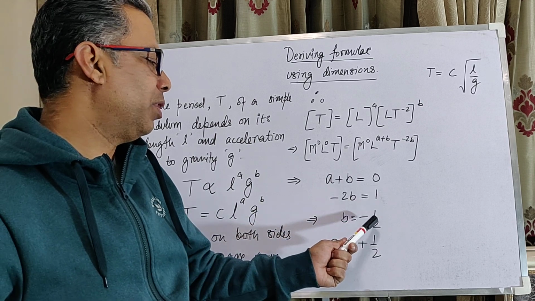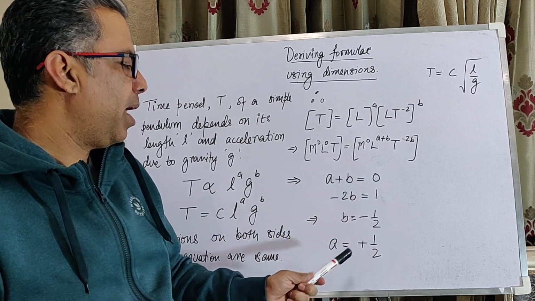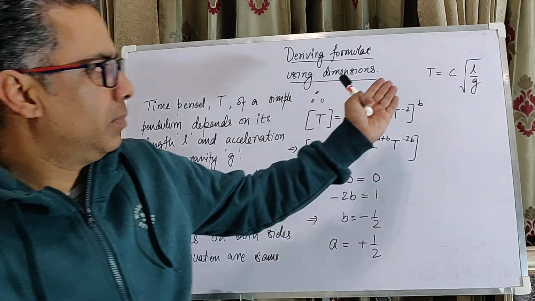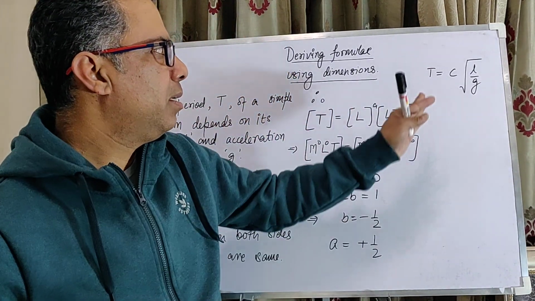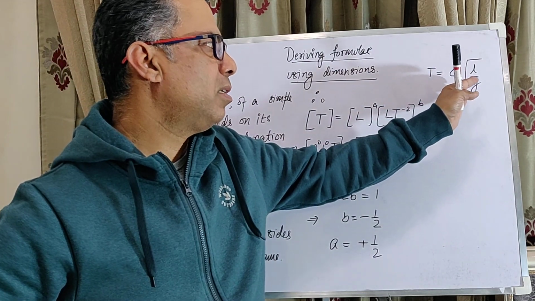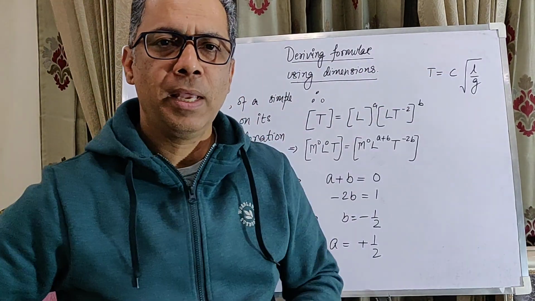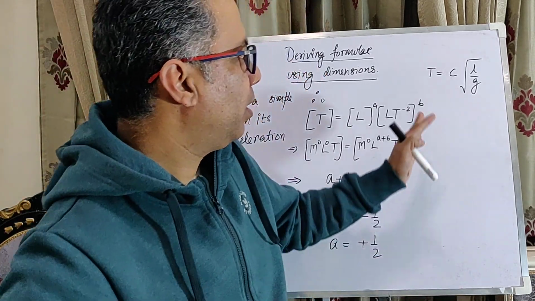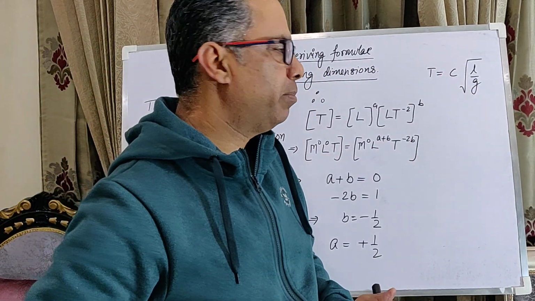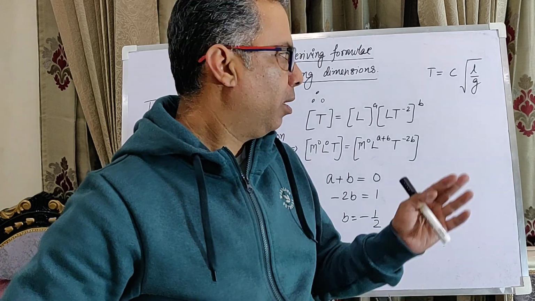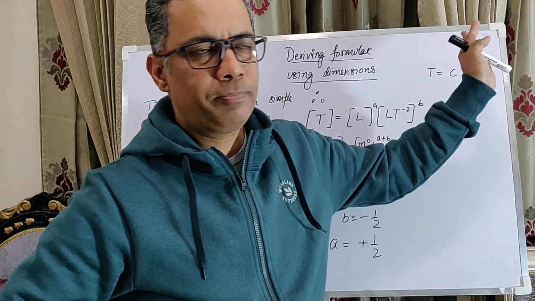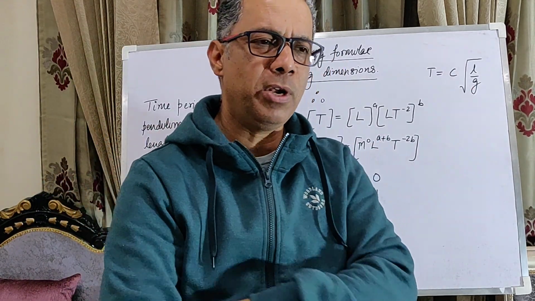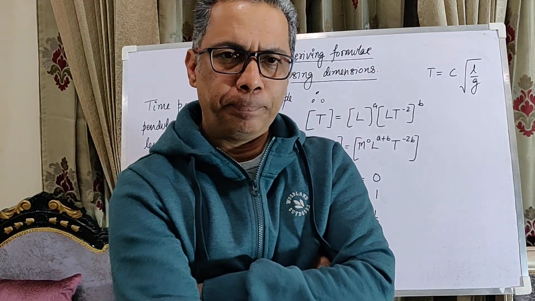We get b equals minus 1 by 2 and a equals plus 1 by 2, which leads us to the formula t is equal to some constant into root of L by g. Physically we know that this formula for time period of a simple pendulum is t equals 2 pi root L by g. So in place of c, the correct physical formula has 2 pi.